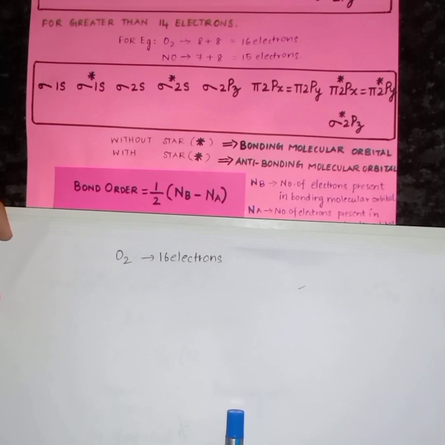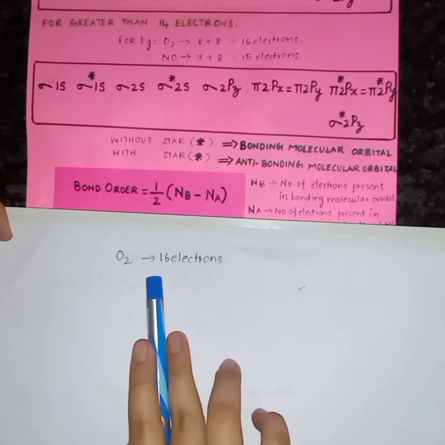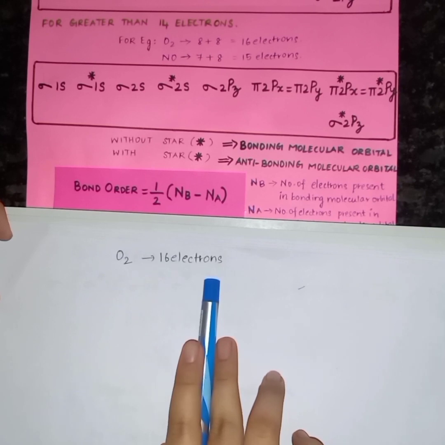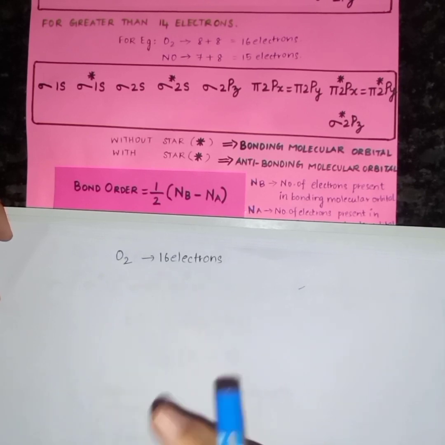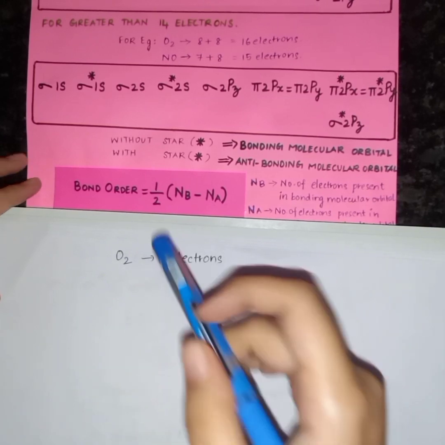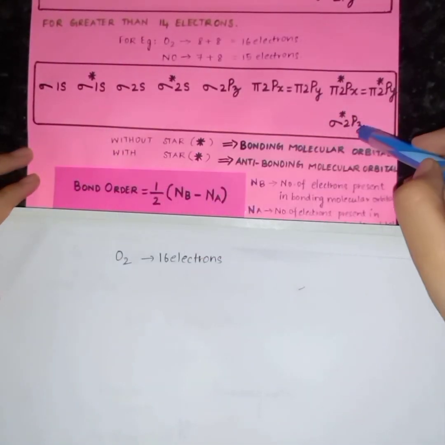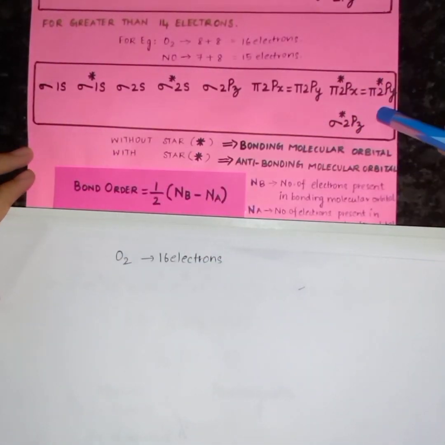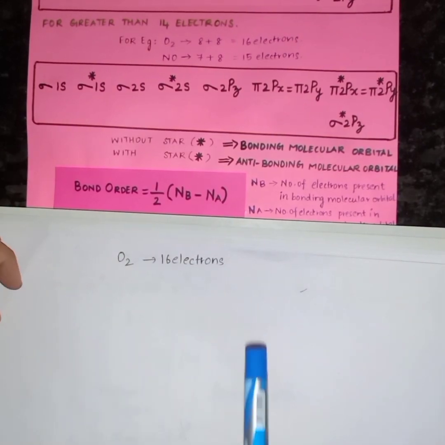Let us find the bond order of O2. O2 is having 16 electrons, which is greater than 14. So you have to apply this formula to find the bond order of O2. Let's write the formula.